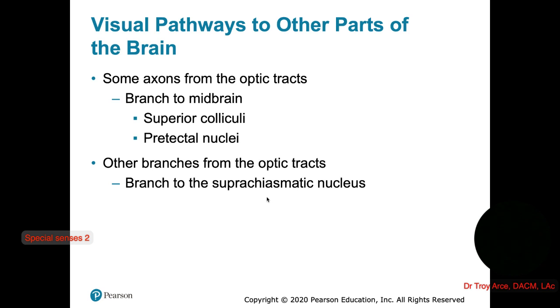I would revise the central nervous system and also read some of the chapters in the Pearson book and the text, and get more familiar with these parts. I'll let you know what's going to be important on the test, but understand based on this slide that some axons from the optic tracts branch to the midbrain. And I'll leave it up to you to study these particular parts of the brain.